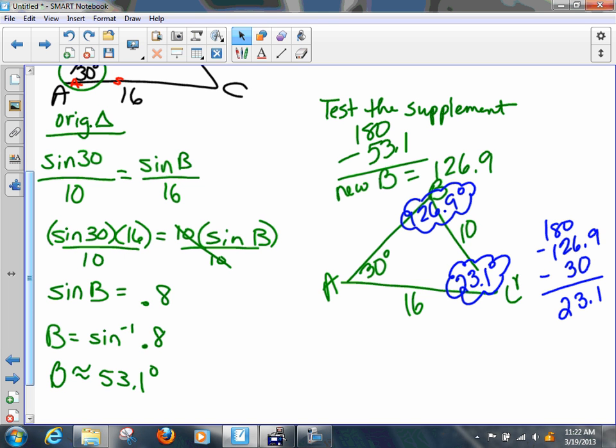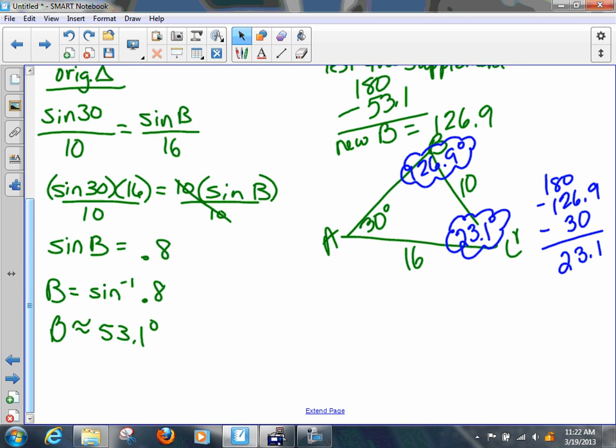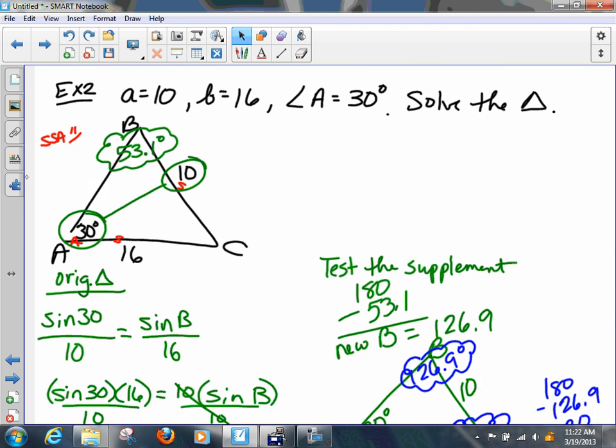Now, I have to put that to the side for just a moment and go back to my original. You can do whatever you want. You can finish solving that supplement triangle, and that's fine. But I want to go from beginning to end, so I'm going back to my original triangle and I'm going to solve everything I possibly can in it, okay?